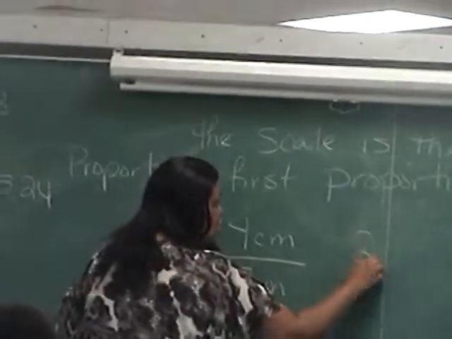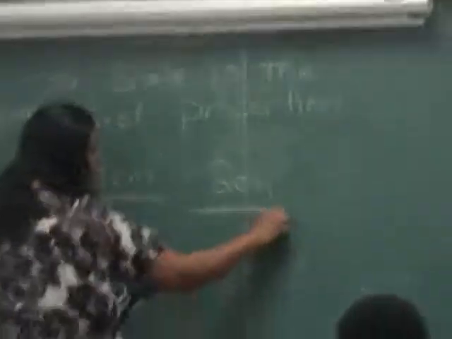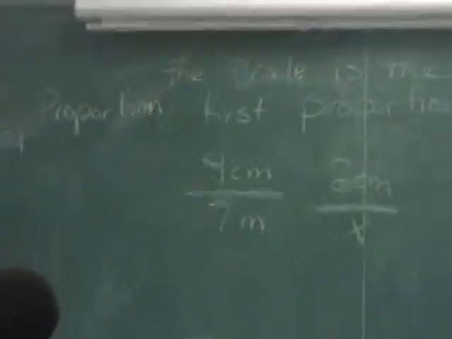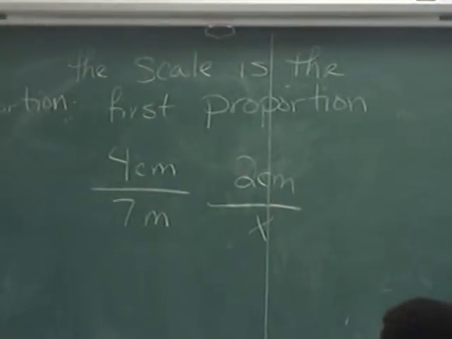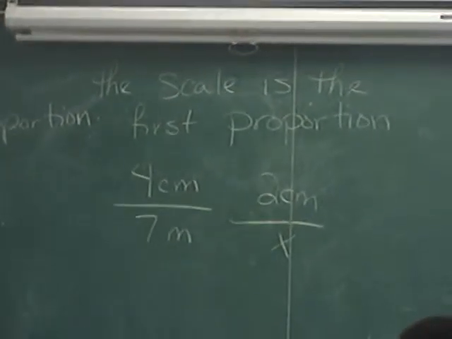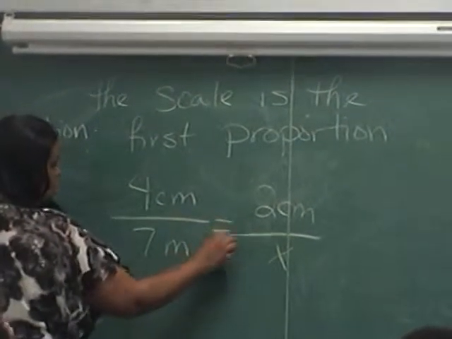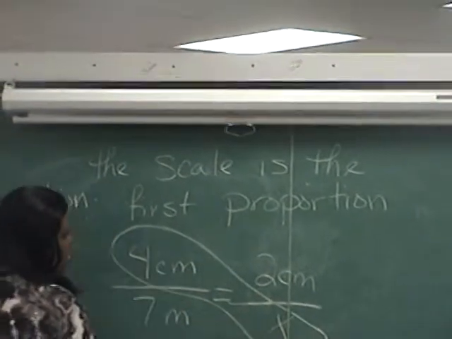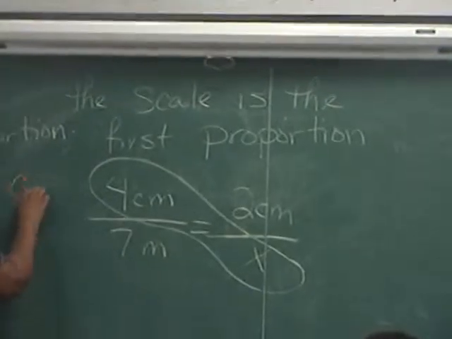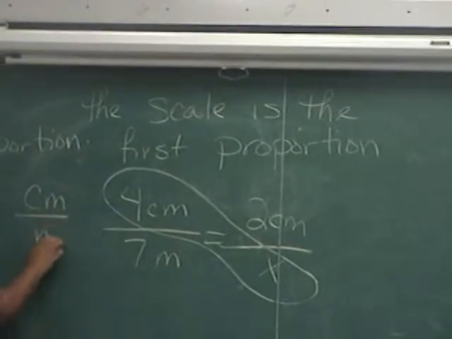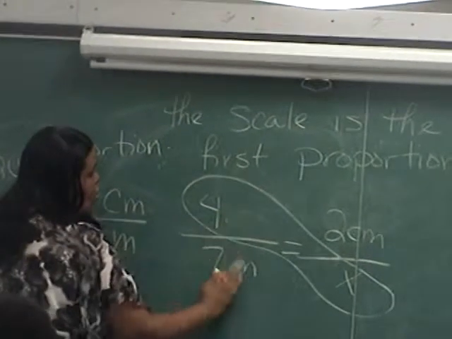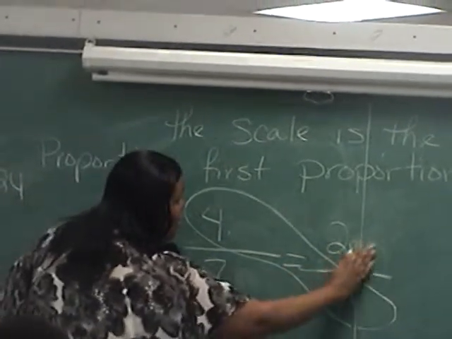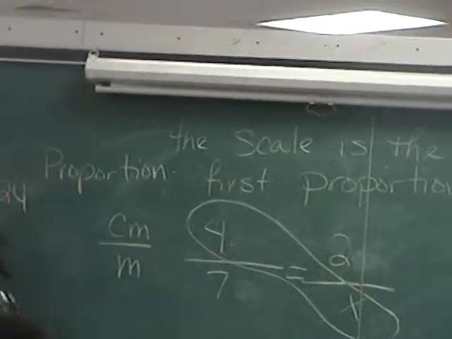So you have 2 centimeters at the top, and at the bottom we don't know the meters. So what's the first step in solving a proportion? Do your cross products. I like for the centimeters to be out here and the meters to be out here, because when you start crossing, you get all of these letters confused with your variable. Okay?